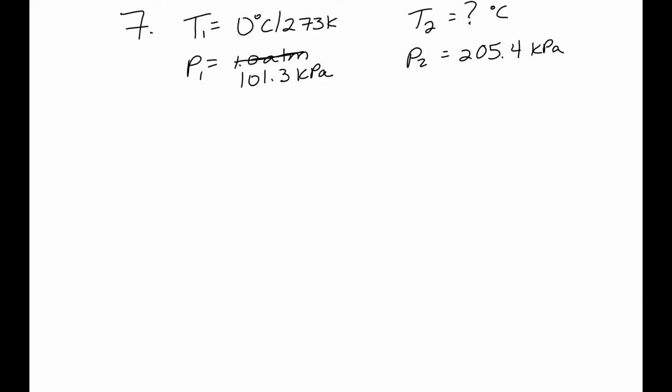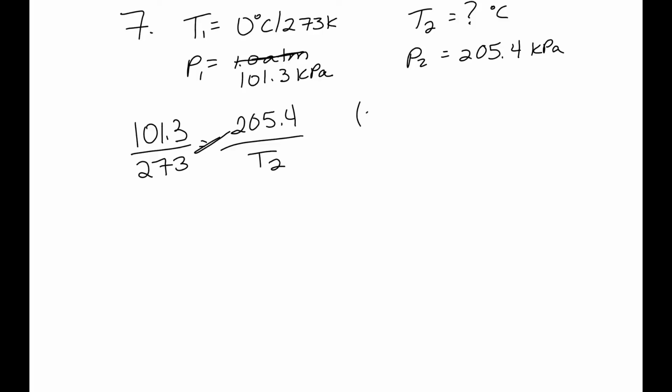Now, this is Gay-Lussac's law, pressure and temperature. So it's going to be 101.3 over 273 equals 205.4 over T2. Cross multiply and divide. You get 205.4 times 273 over 101.3.